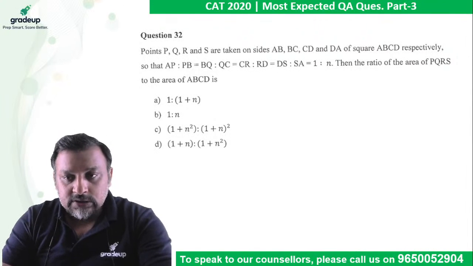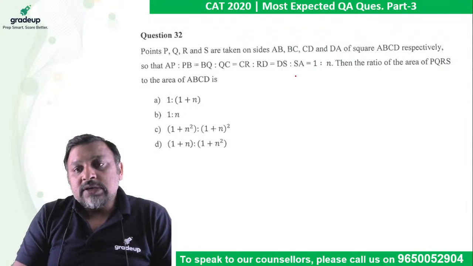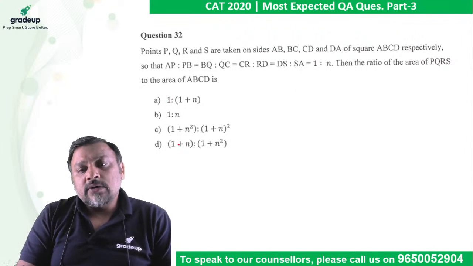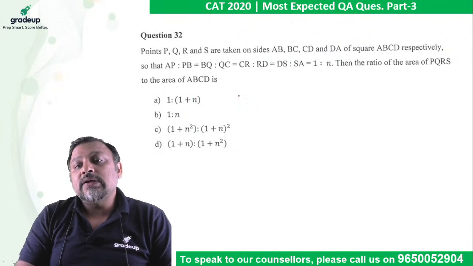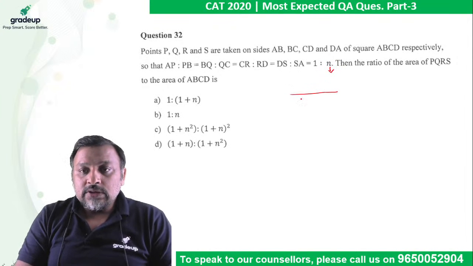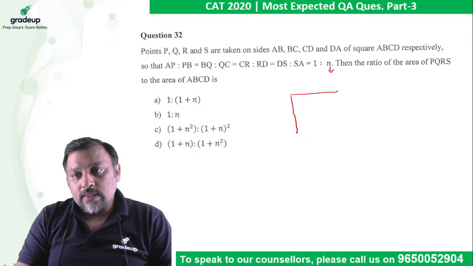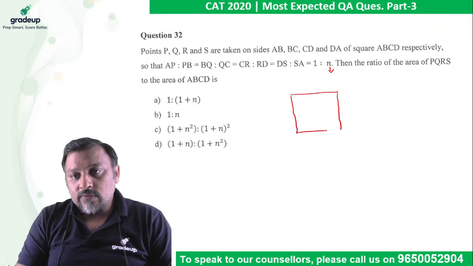I think you are correct. It is C. See, actually, whenever we have options in terms of n, it is better not to solve this question by the conventional method. You can take any value of n and solve this. That will save time and will make it easier to solve.